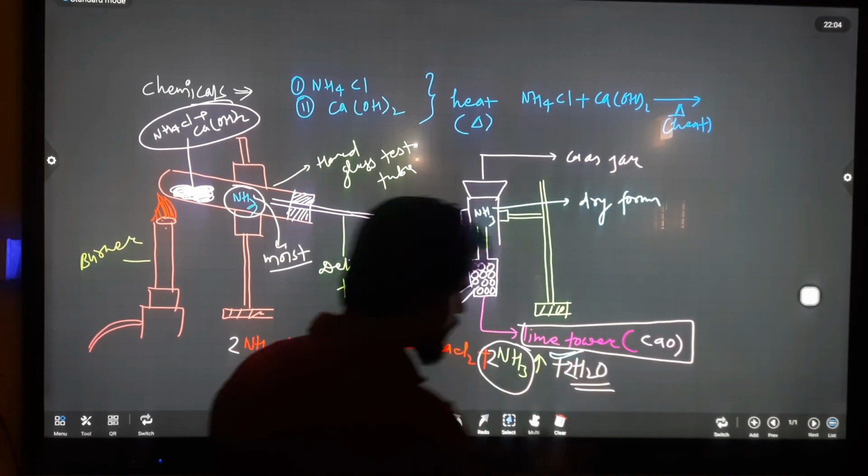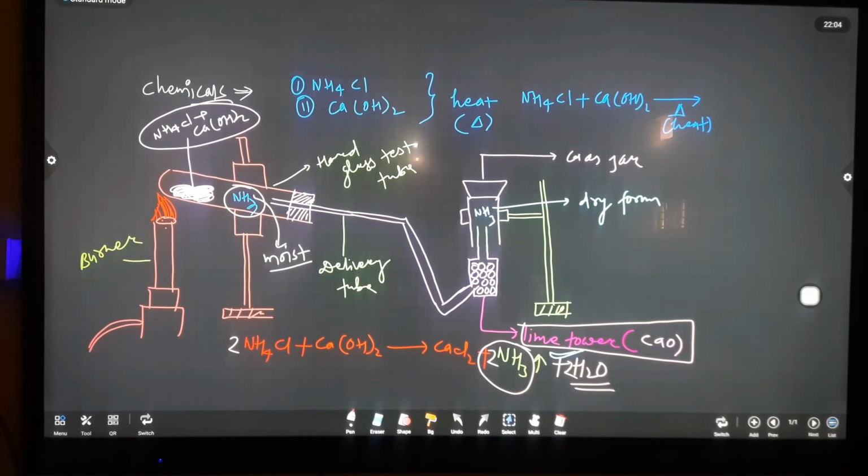Because of the lime tower, calcium oxide absorbs the moisture, so we get ammonia in dry form.